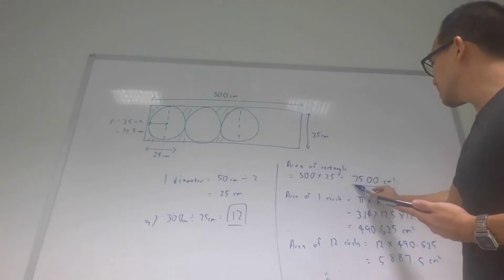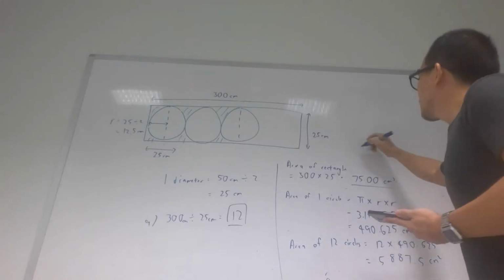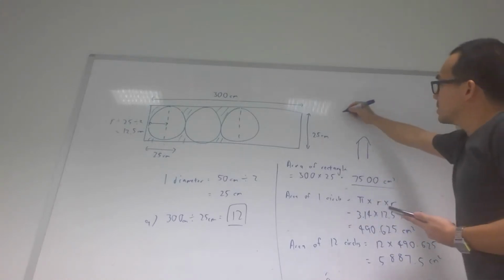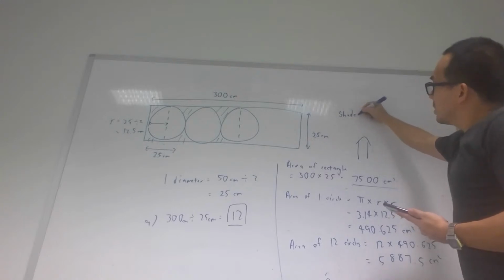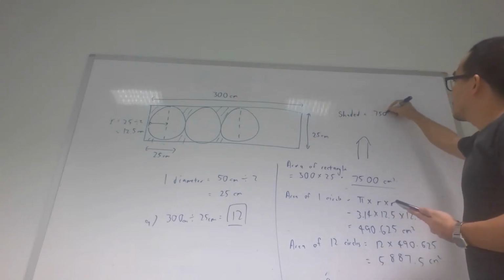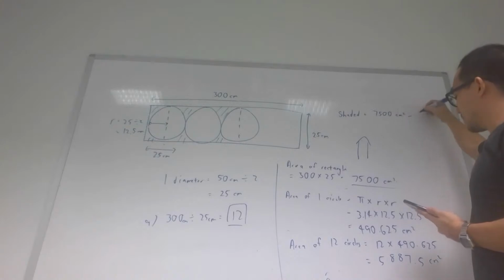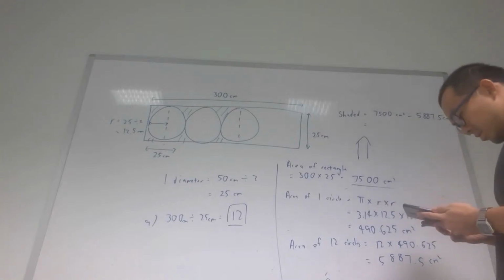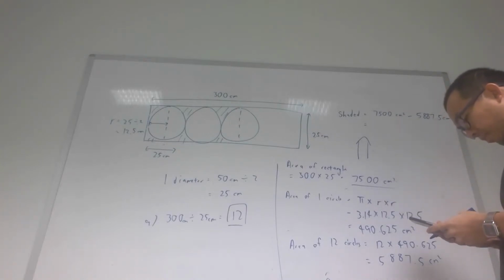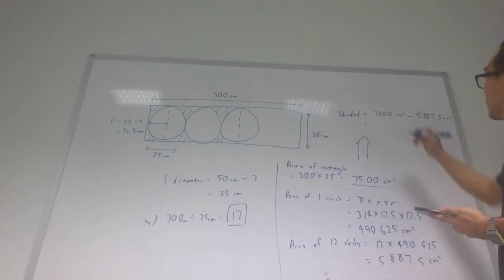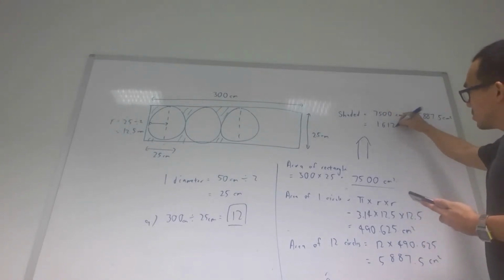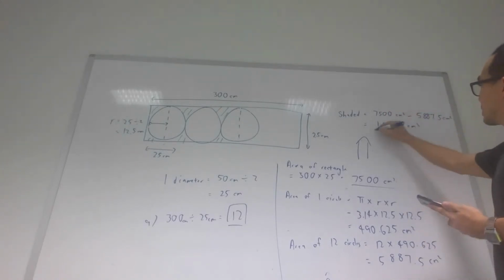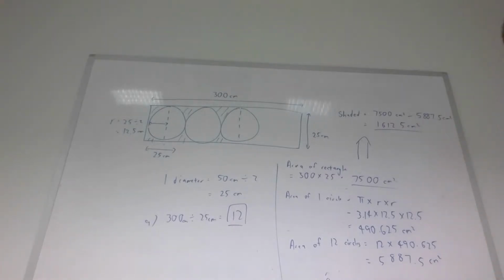So all you do is take this minus this. Okay, so final answer: shaded area equals 7500 square centimeters minus 5887.5 square centimeters, equals 1612.5. Okay? And that's the answer for it.